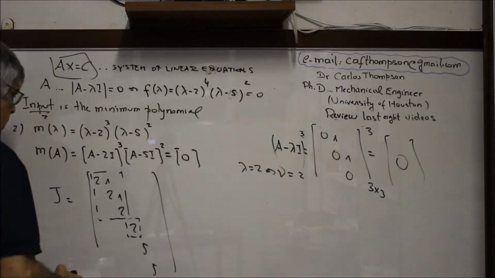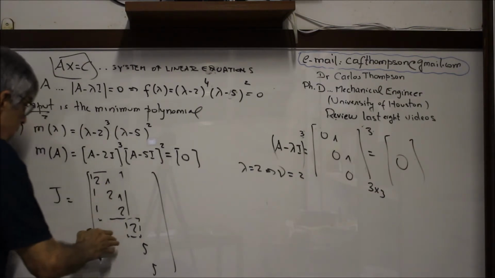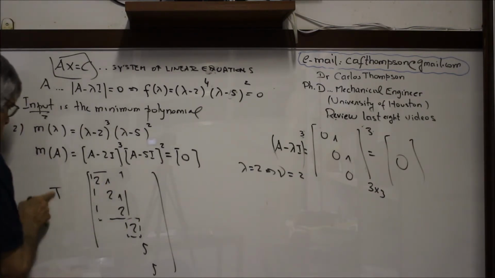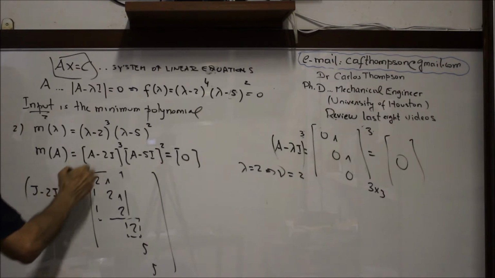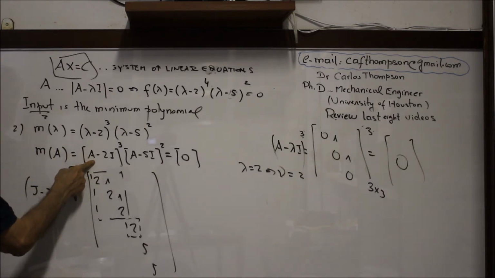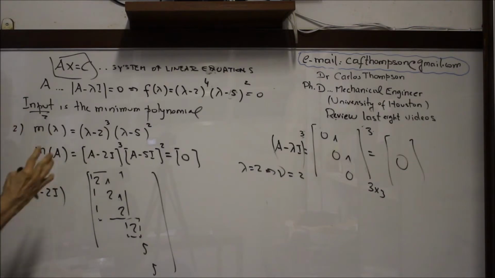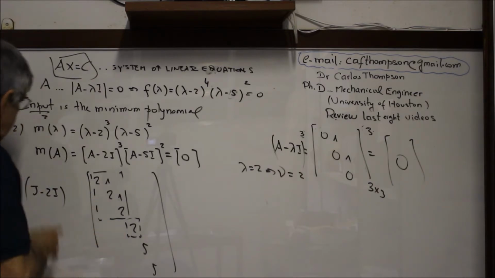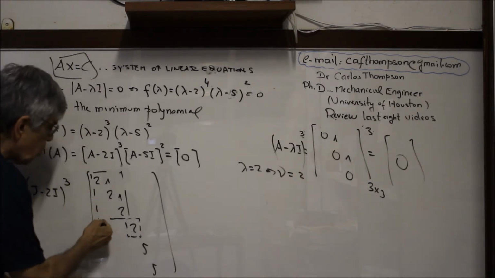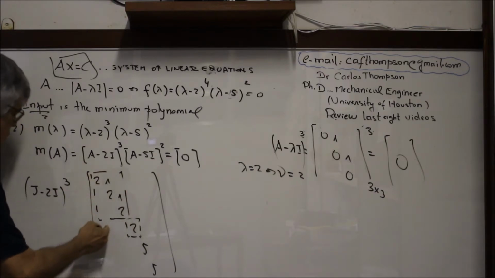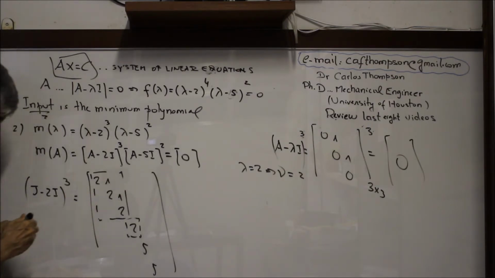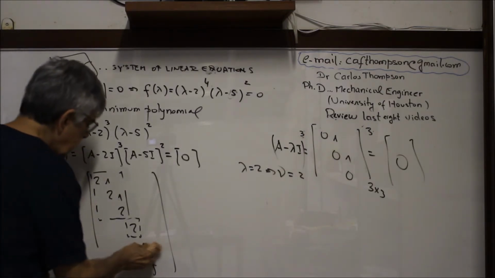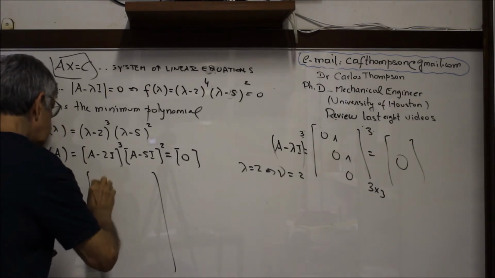Subtracting 2. So, from here, I know that J minus 2I, J is similar to A. Okay, this A is different from the previous example. Please, it's another J. Now, this is the power 3. I'm sure this will be 0 here. Okay. Let's write down here. I will erase this. It's faster to do this.